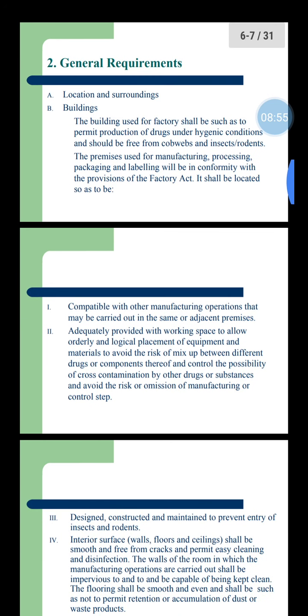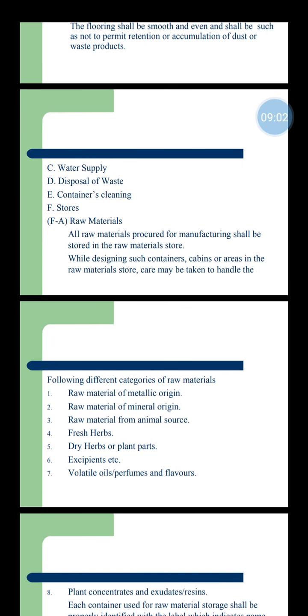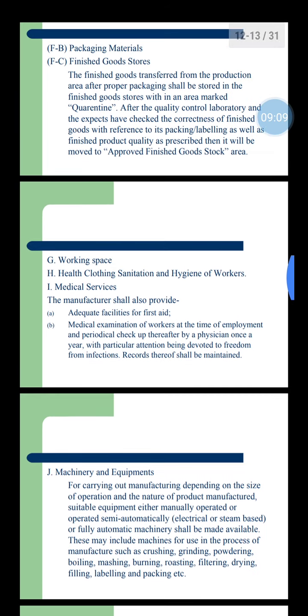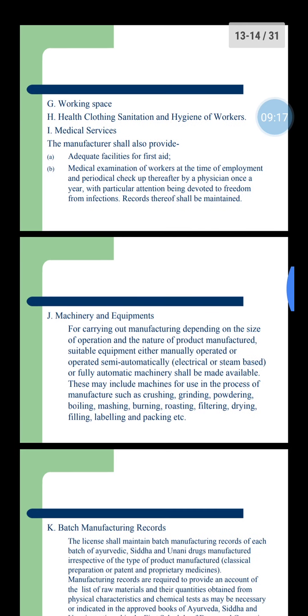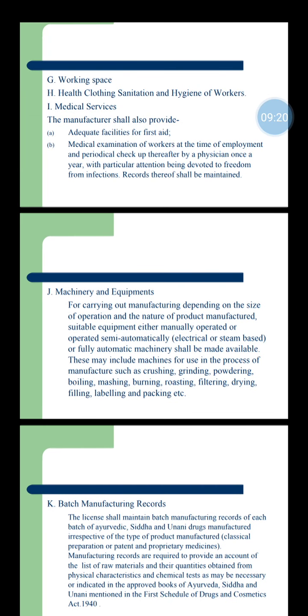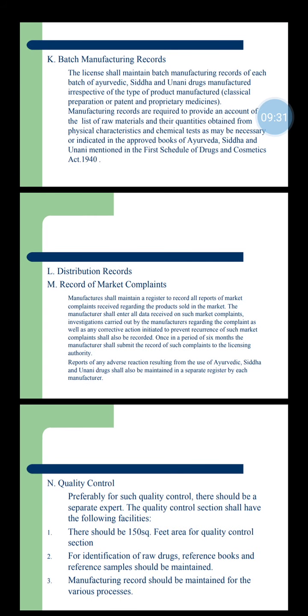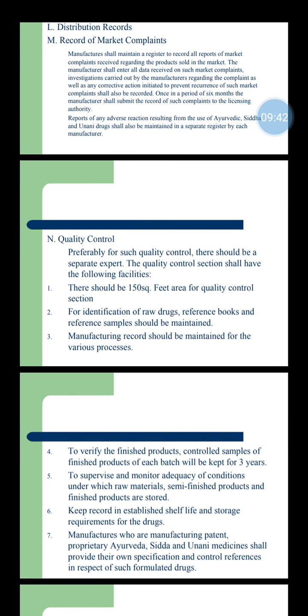In general requirements you saw the location and surrounding, then building, water supply, disposal of waste, container cleaning, store, various raw materials, packaging material, finished goods store, working place, health, clothing, sanitation and hygiene of workers, medical services, machinery and equipment, batch manufacturing record, BMR, then distribution records, records of market complaints, and the quality control area of 150 square feet for identification of raw drugs. Reference books and reference samples should be maintained.